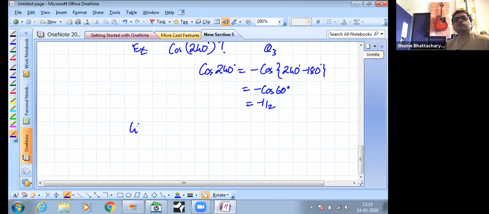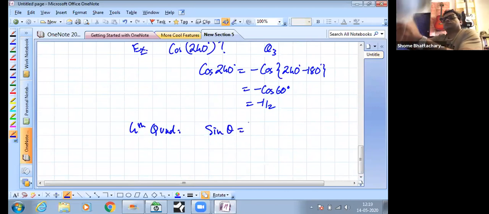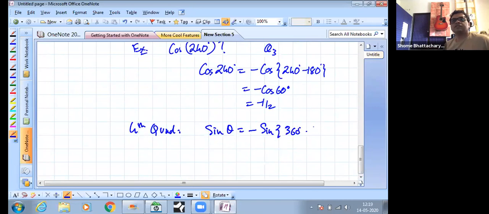Similarly, fourth quadrant, we write sin theta as minus of sin 360 minus theta, and we write cos theta as positive of cos 360 minus theta. These are the standard conventions that we keep in mind.